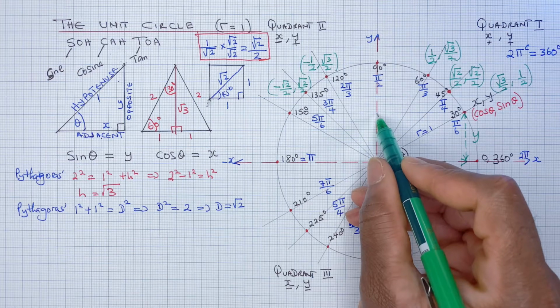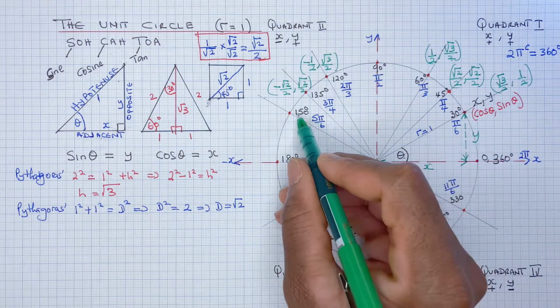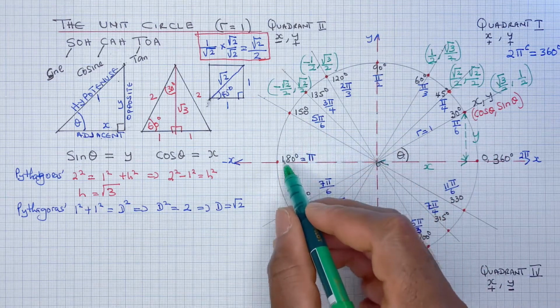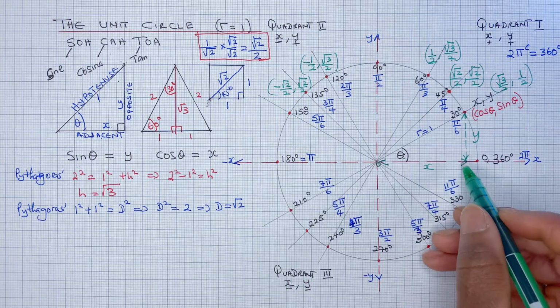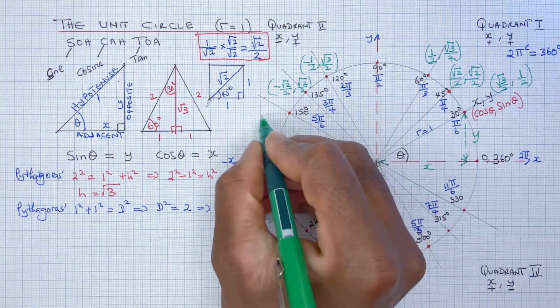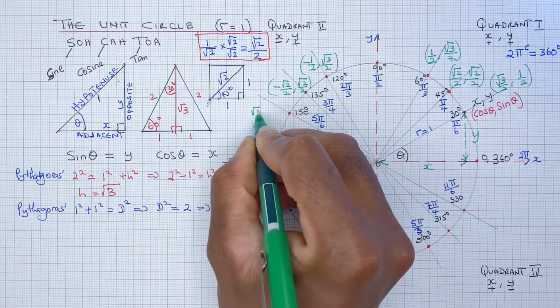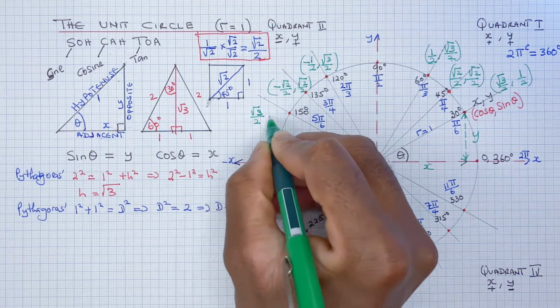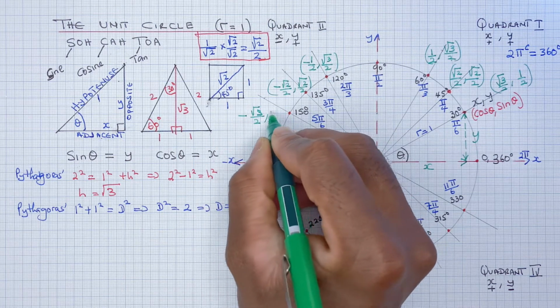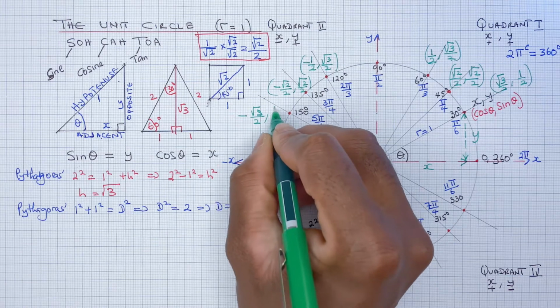So the y value is the same. But the x value is just negative, and the other is positive. So we get minus root 3 over 2 and a half.